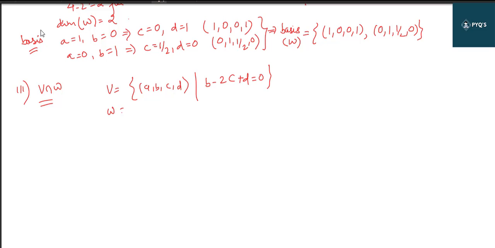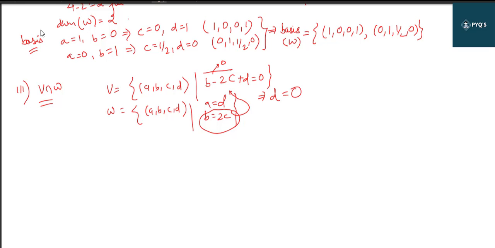Similarly, for W, we are given two equations on A, B, C, D, such that A equals D and B equals 2C. Now we'll solve this. If we put B equals 2C here, then this whole part becomes 0. It implies D is equal to 0.